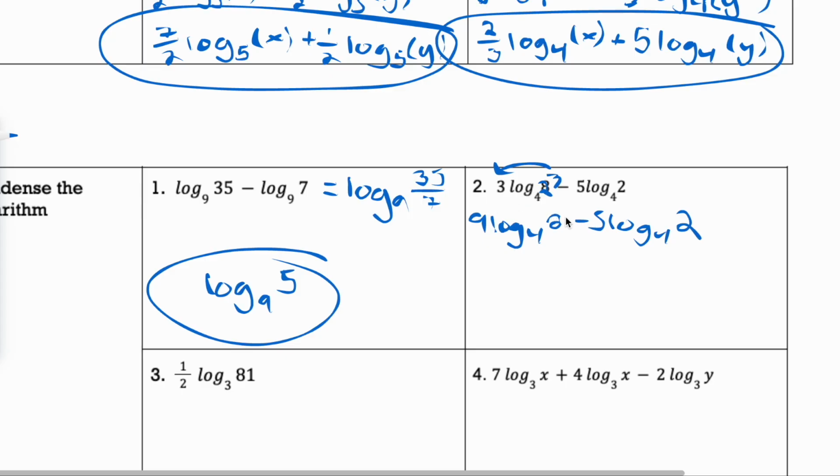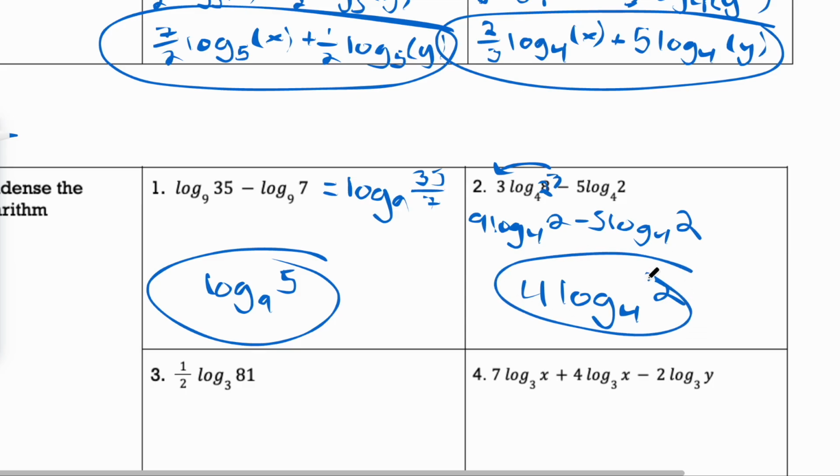Now, since we have the same base, the same subscript, and the same argument, we can just subtract. So we do 9 minus 5 is 4 log base 4 of 2. That gives us our answer.